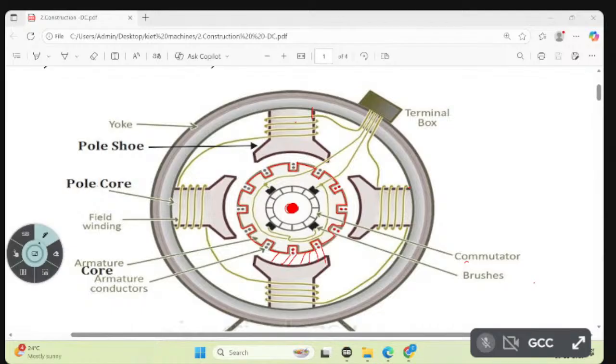In the rotor slots we will keep the conductors, and these conductors are made up of copper. Whenever it is a conductor, it is copper; we don't use cast iron or anything else, only copper. A copper conductor is placed in the rotor slots.